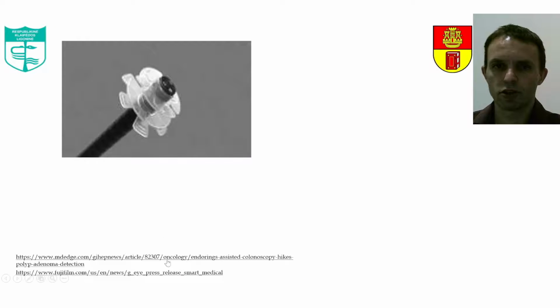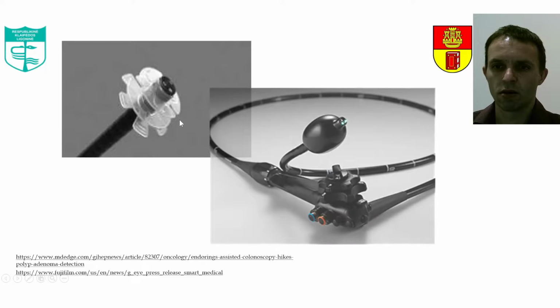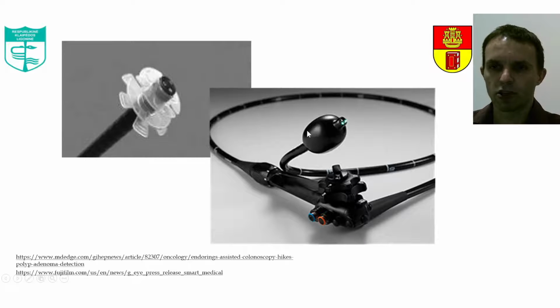And as I mentioned before, there are a few more mechanical devices which can help us to detect more adenomas, such as Endo-Ring or a specially made colonoscope with a balloon on the end of the colonoscope.